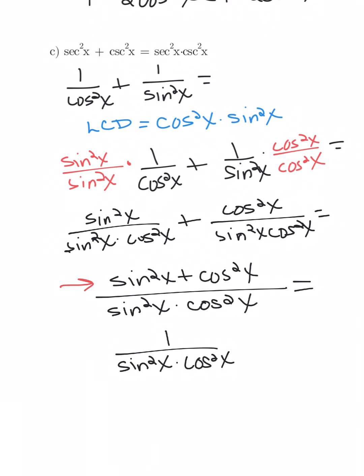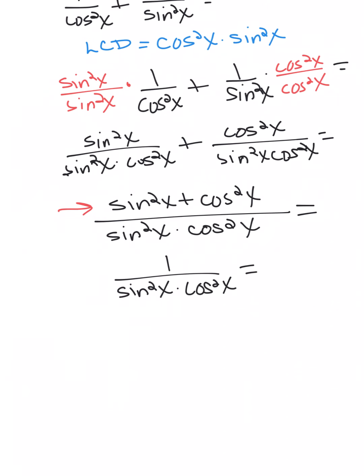And look at where we're trying to go. We're trying to get a secant and a cosecant. And those are the reciprocals of sine and cosine. So a little fraction trick, and this is just fraction rules again, is that we can split that one fraction into two fractions that are 1 over sine squared of x times 1 over cosine squared of x.